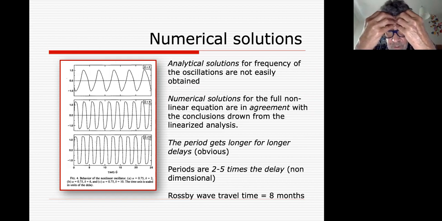So I was really surprised when I saw that, and this is quite a good solution. My major criticism of this model is the fact that we assume the system is an oscillator.